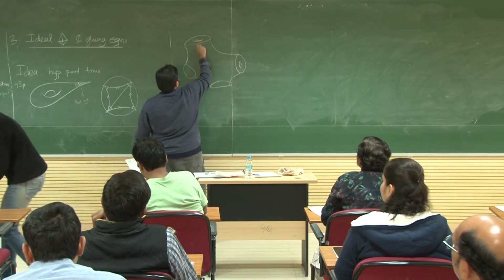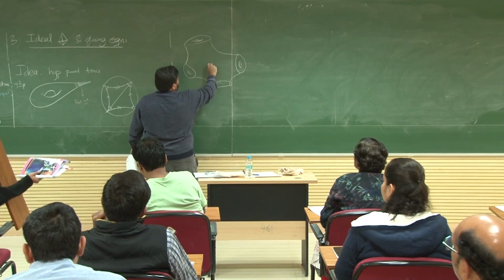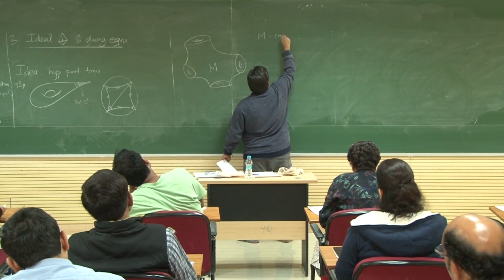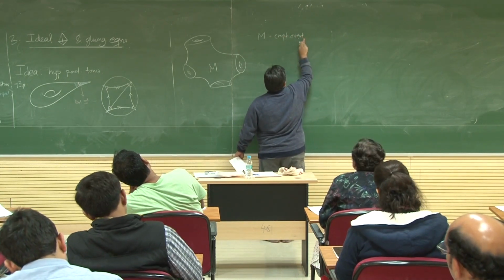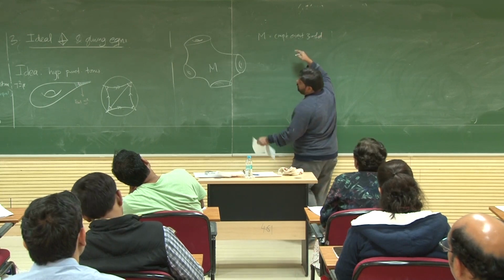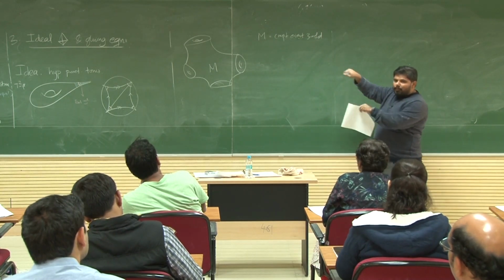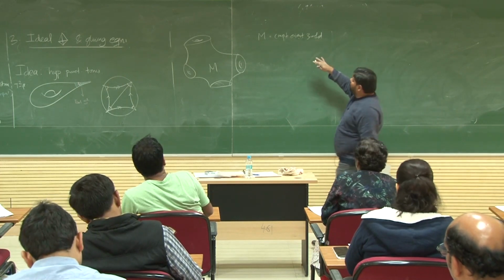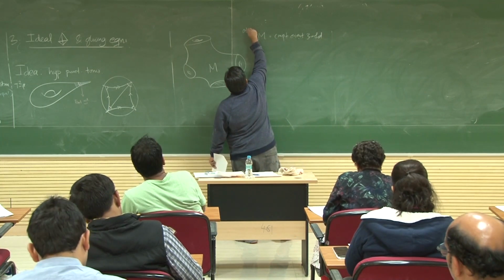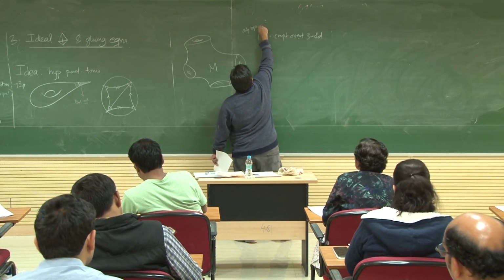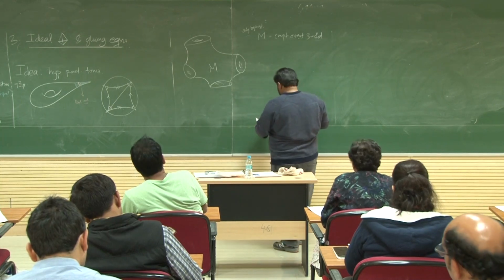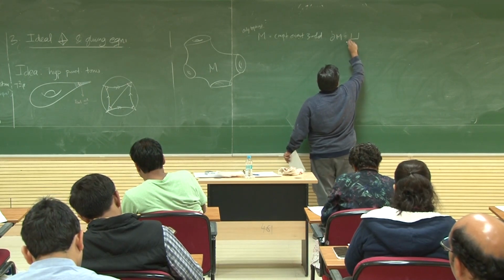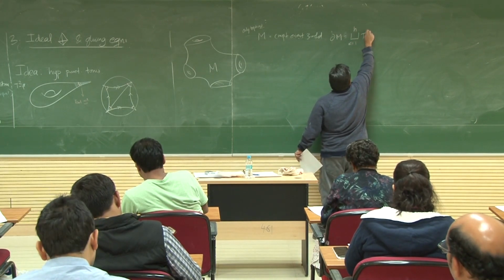These are your tori. M is now just a compact oriented manifold, no geometry. We want to figure out how we can put a hyperbolic geometry on M. Right now we are only in topology, no geometry. So what we have is a compact oriented 3-manifold, and its boundary is a union of tori T_k, for k equal to 1 to h.